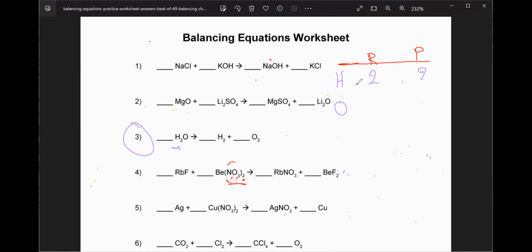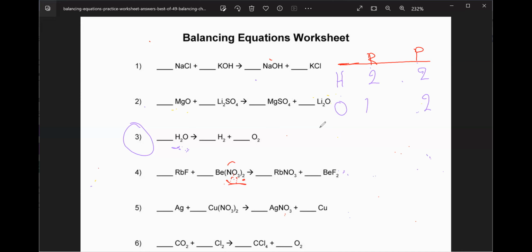Okay, good. How many oxygen? 1. In the product? 2. What do I have to do? You have to do something for oxygen to make it balance. It's not balanced, because they are not equal.